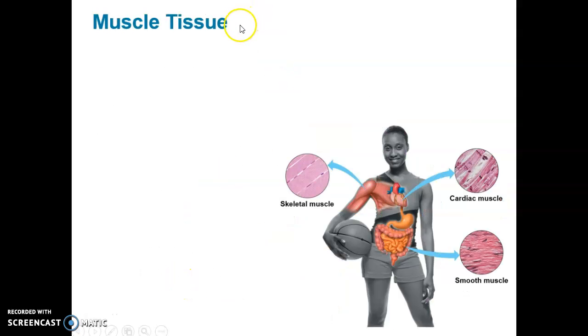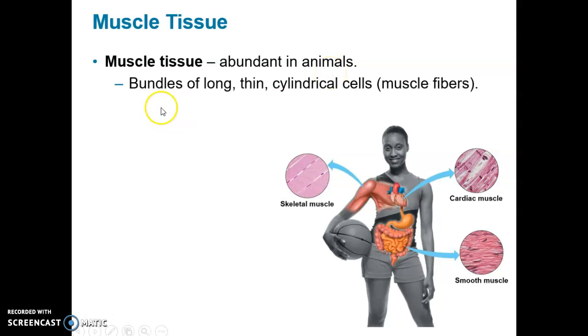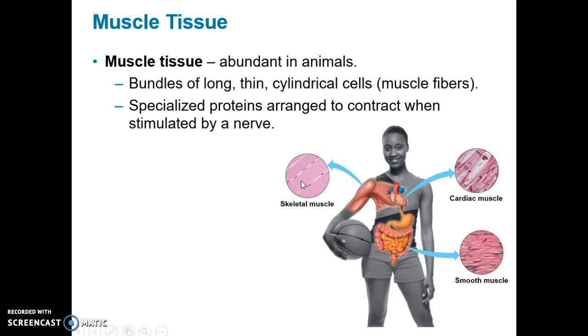Okay, let's move to muscle tissue. Abundant in animals. It's made up of long, thin, cylindrical cells. So often the muscle cells are called muscle fibers. And the longest ones are in skeletal muscle. They have specialized proteins within the cells that are arranged such that they can literally slide past each other and allow the cells to shorten when they're stimulated by a nerve.